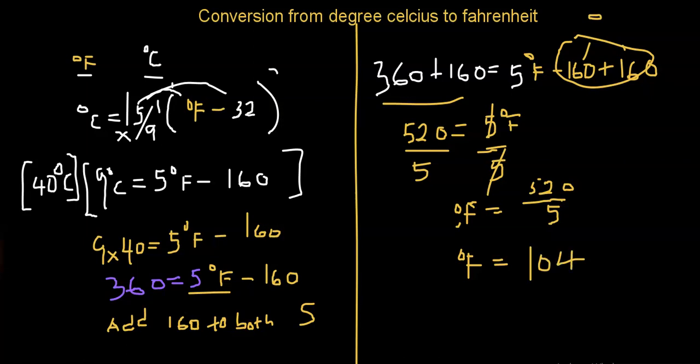So we've been able to convert 40 degrees Celsius to degrees Fahrenheit. So therefore, 40 degrees Celsius is equal to 104 degrees Fahrenheit.